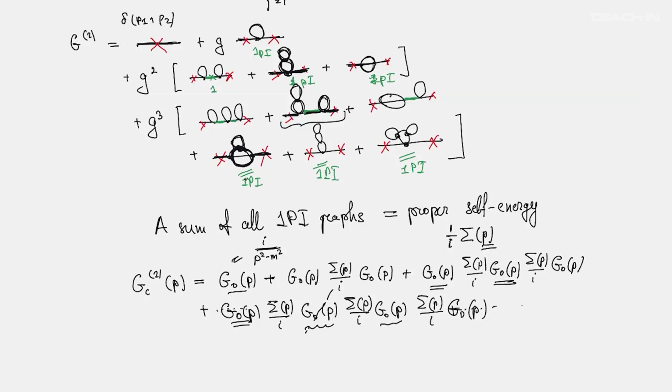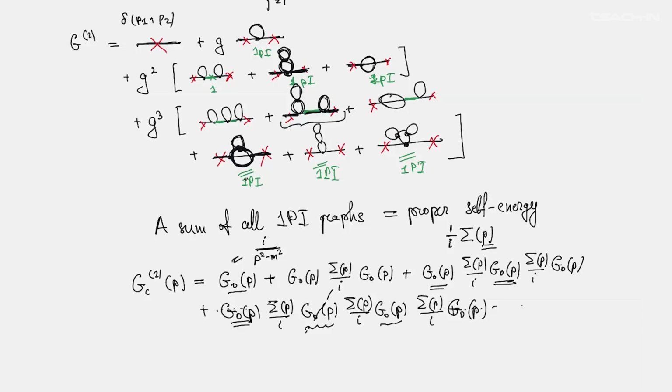So basically, what is written down here is a restoration of the full class of connected Feynman diagrams from one particle irreducible ones. This is what it is. And this restoration is an infinite series.